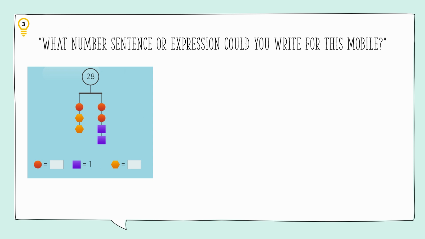We can now begin to ask questions like, what number sentence or expression could you write for this mobile? Pause to notice some possible student responses that may come up when a teacher asks this question and documents it for a class discussion, not unlike a number talk.